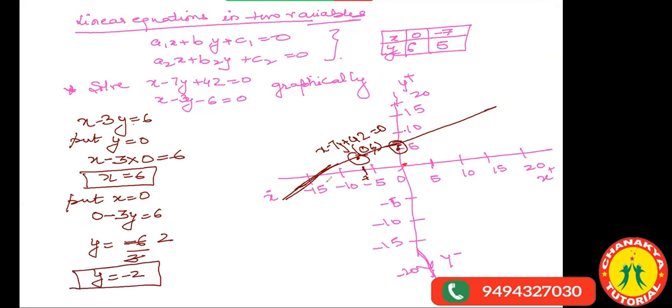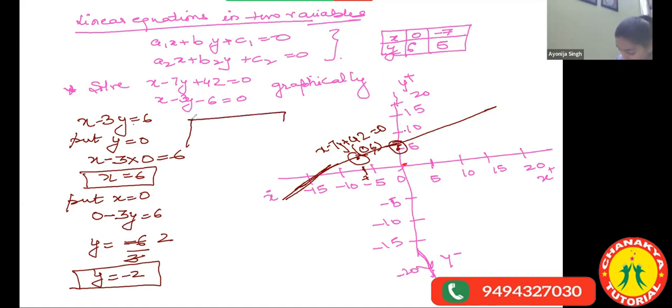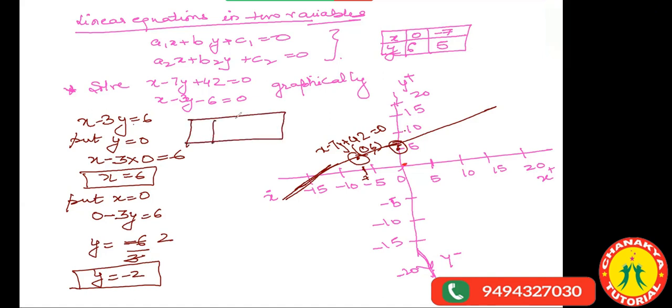Clear? Understood, beta? Now we will make a table like this only. So write here x variable and here y variable. When y is 0, then the value of x is 6. Now when x is 0, the value of y is -2.